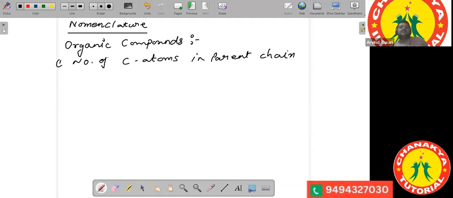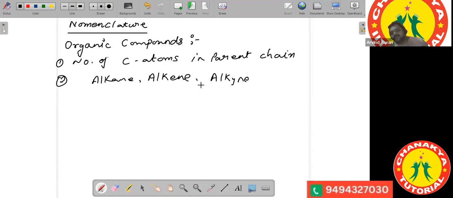This is the very first point. Then in the second point, you find out its family, that is, is it an alkane, alkene, or alkyne? And then at the third step, you go for the substituents. What are the substituents added in this?